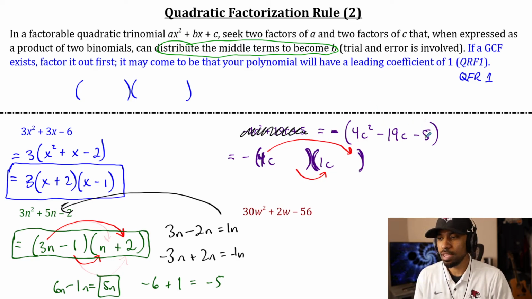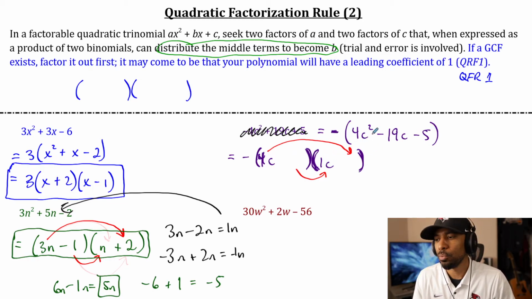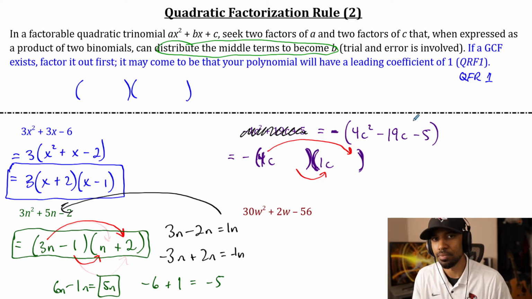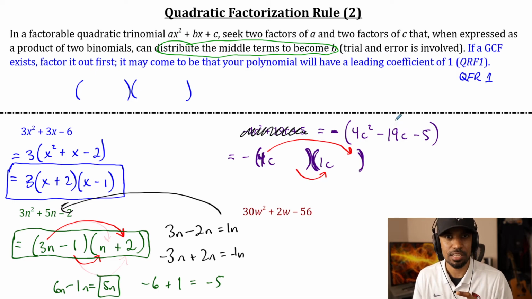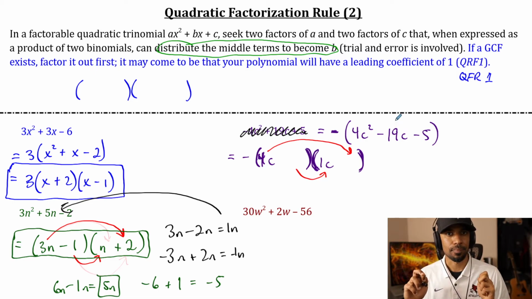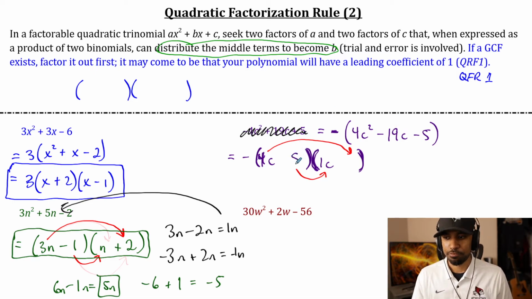Now, let's try and make factors here that multiply to factors of negative 5. So 5 and negative 1, negative 5, positive 1, whatever. But we've got to multiply the outside and inside and add them to make negative 19. Why don't you think hard about this? Negative 19 is a relatively big number. What would happen if I put the 5 here and the negative 1 here? I'm doing 4 times negative 1.